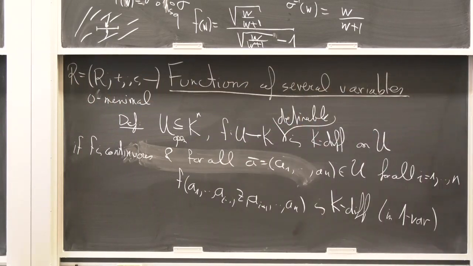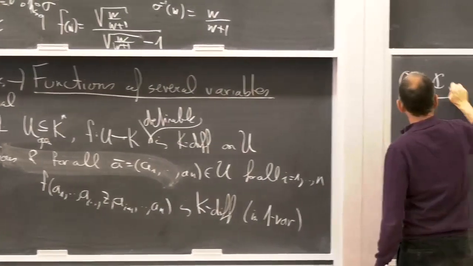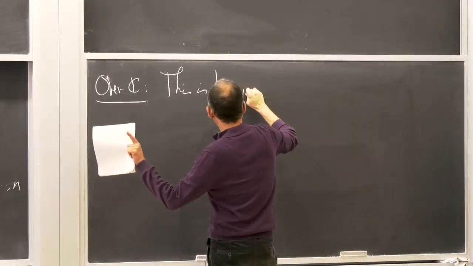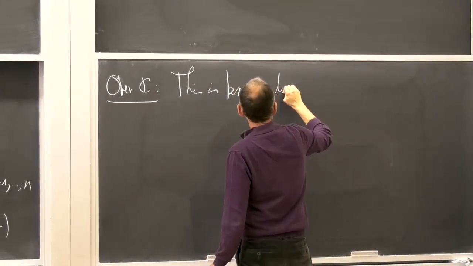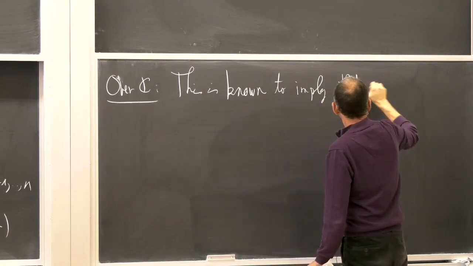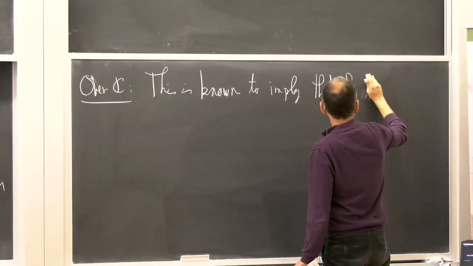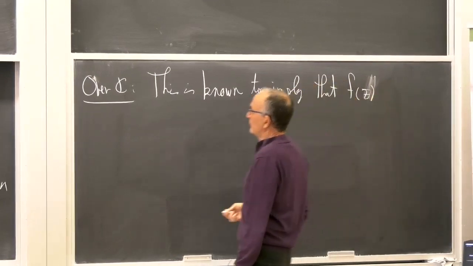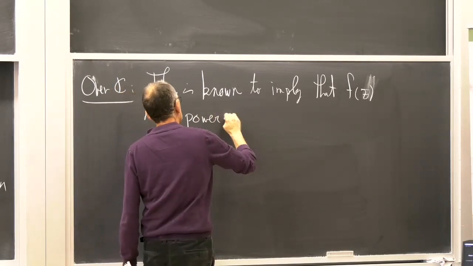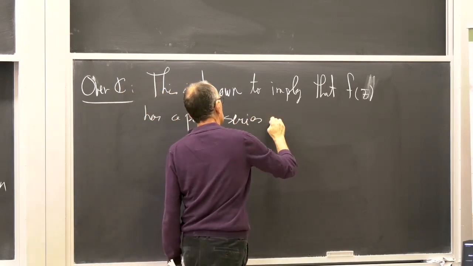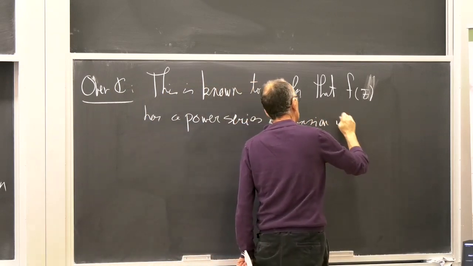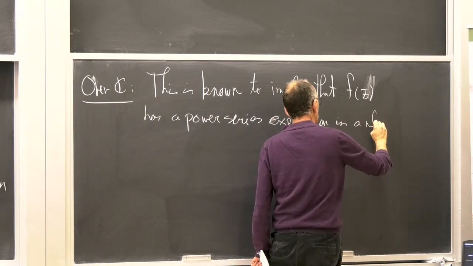I should say that over C, this is known. Much stronger is known, to imply that f as a function of n variables has a power series expansion in a neighborhood of every point.